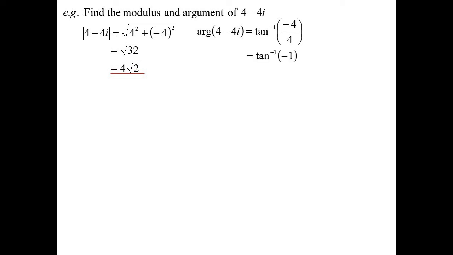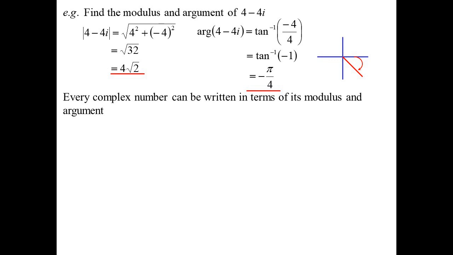But as I say, the calculator, in this case, will be okay, because you'll notice we're in the fourth quadrant, and the calculator would have given me that answer. So that's fine. But imagine if it had been 4 over minus 4. I mean, the calculator is still going to give me the same answer. But in that case, we wouldn't be in the fourth quadrant. So that's why a quick little diagram can help locate exactly where you are. So minus pi on 4 is my argument.